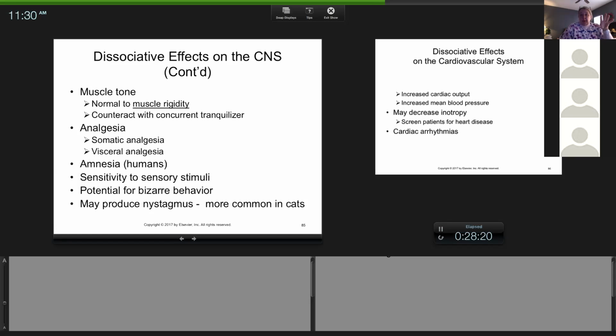If you remember, Kitty Magic is ketamine, Dexdomitor, and buprenorphine. Ketamine's the anesthetic in that combo. Buprenorphine's your pain, and Dexdomitor is your sedative. You're kind of giving a pre-med and induction all mixed together. That's what Kitty Magic is. It's a little bit of a pre-med, but it's also induction.